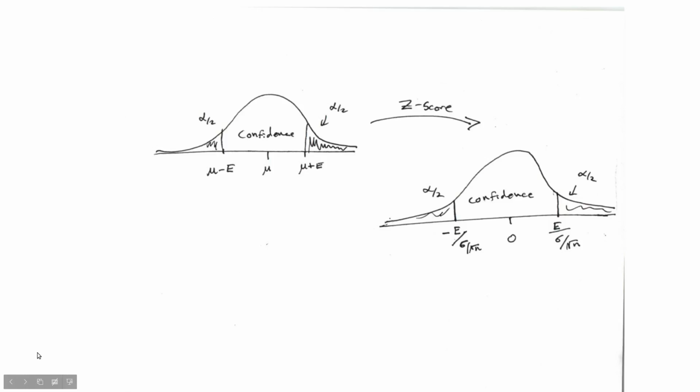Okay, so I've drawn this out in a diagram. We've got our random variable x bar, its PDF is graphed along this horizontal axis.